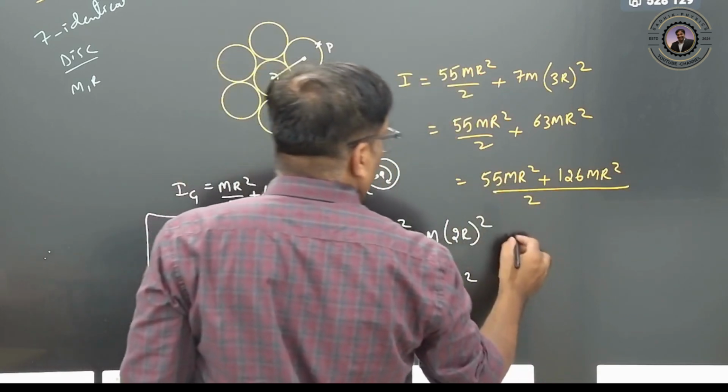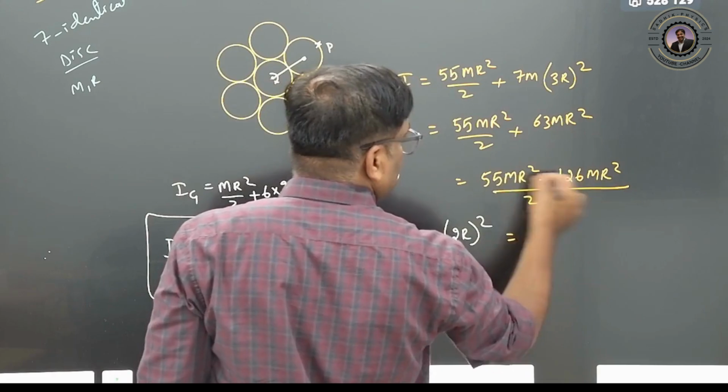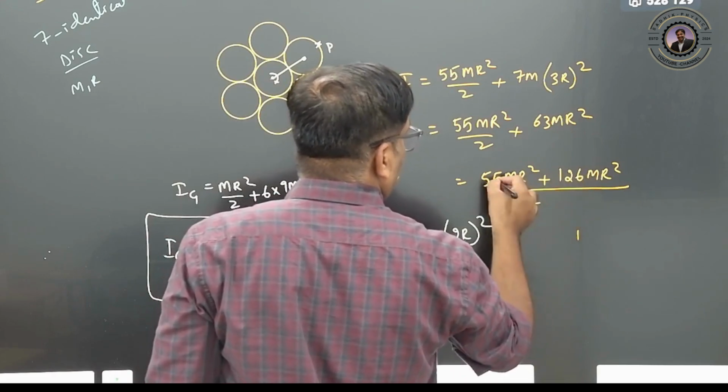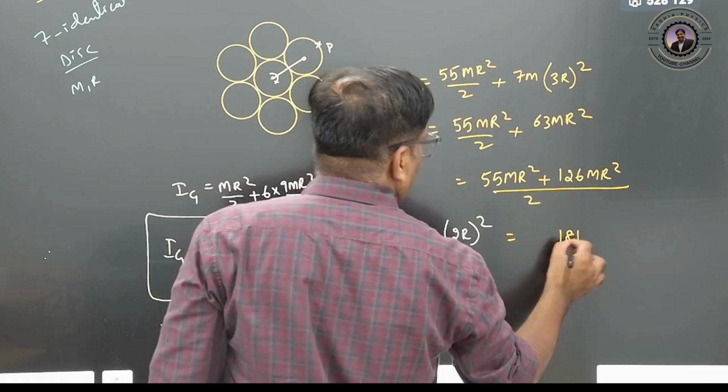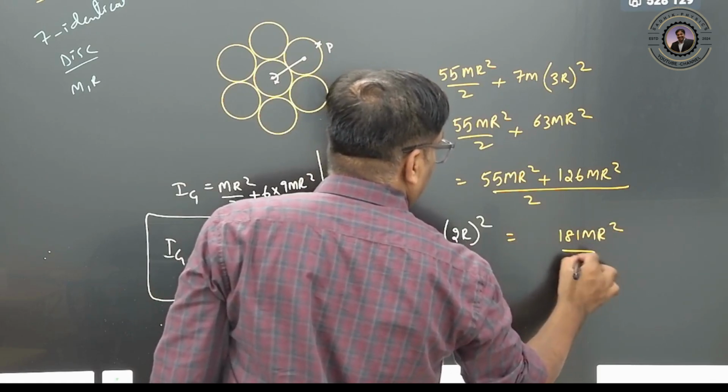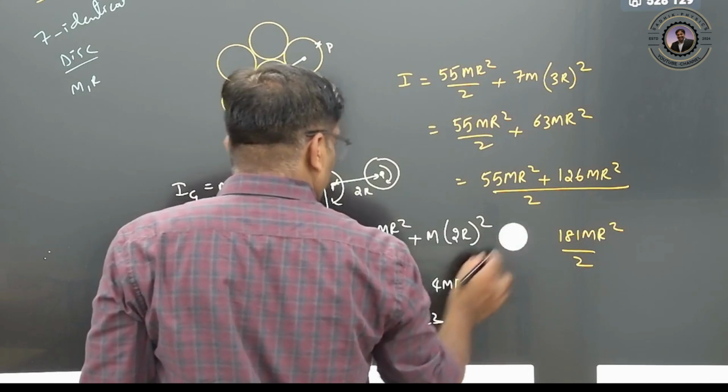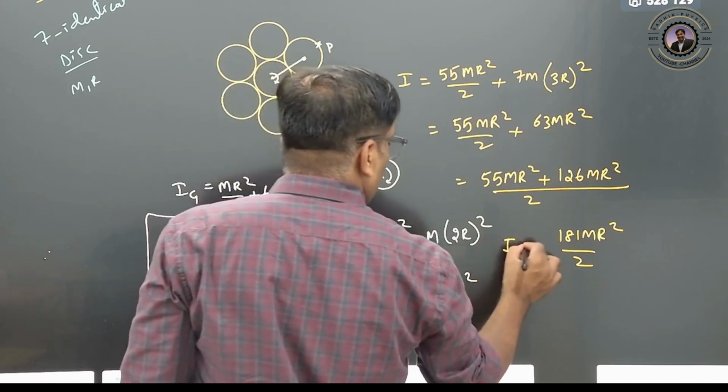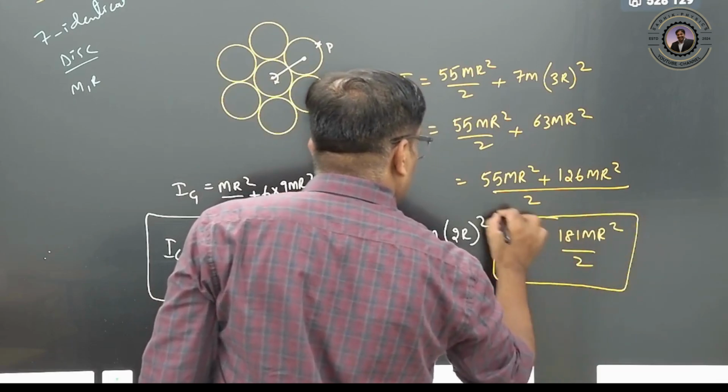It will be 181 mr square by 2. So this will be the moment of inertia of this total system.